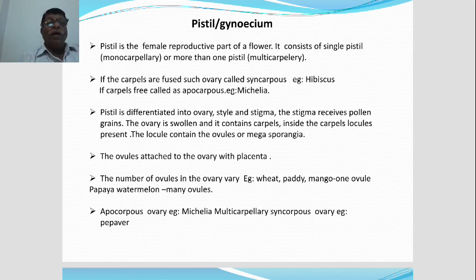We call monocarpellary, unilocular, with 1 ovule in each chamber. Example, wheat, paddy, even mango. Mango contains only 1 ovule.